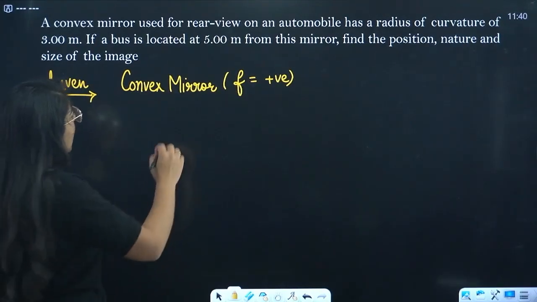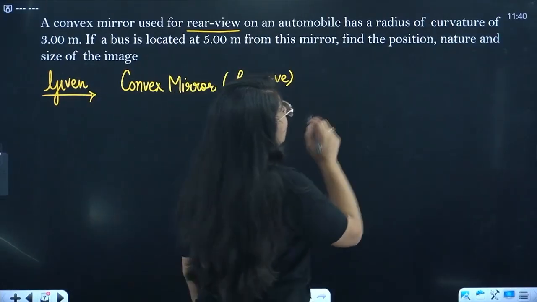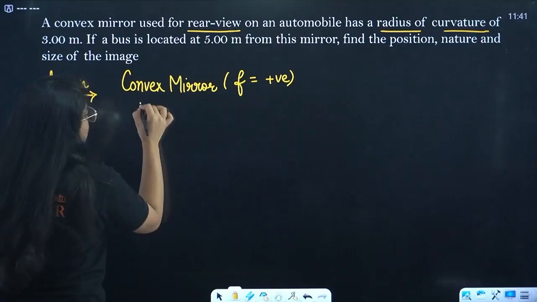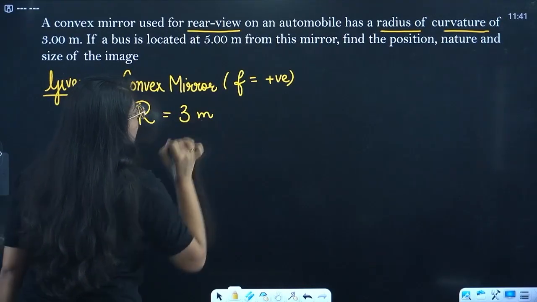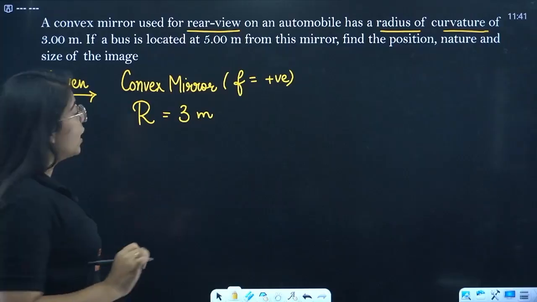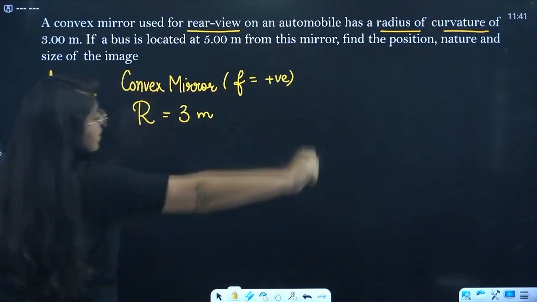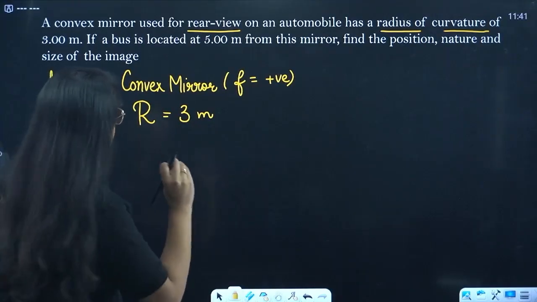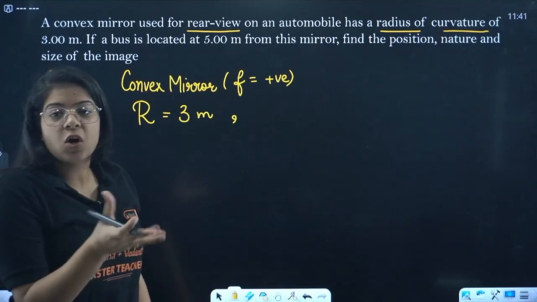Okay, now it is used for a rear view on an automobile which has radius of curvature of 3 meters. So, beta, radius of curvature is given as 3 meters. Understood? Then if a bus is located at 5 meters from this mirror, now beta, you tell me, is this bus an object or an image?